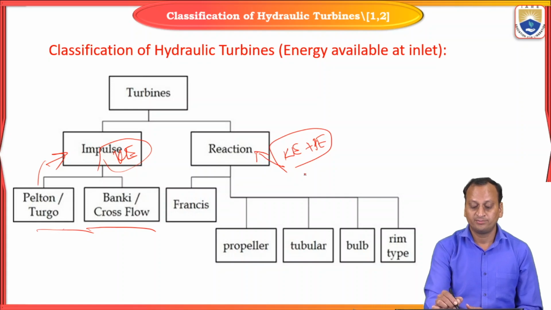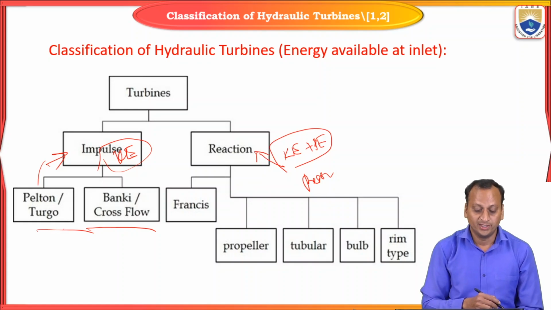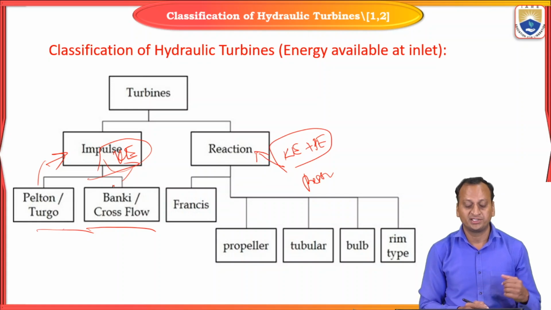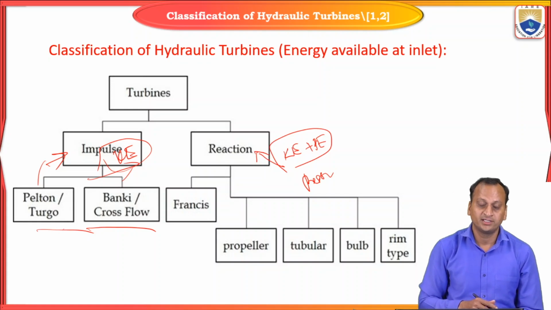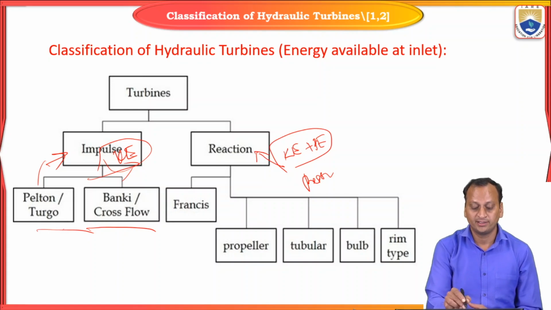Here, due to the pressure difference, the reaction takes place and the turbine rotates. But in the impulse turbine, only due to the kinetic energy, when the water hits the wheel with heavy kinetic energy, the runner will rotate. In the case of the reaction turbine, it is not only kinetic energy; there is also pressure energy.